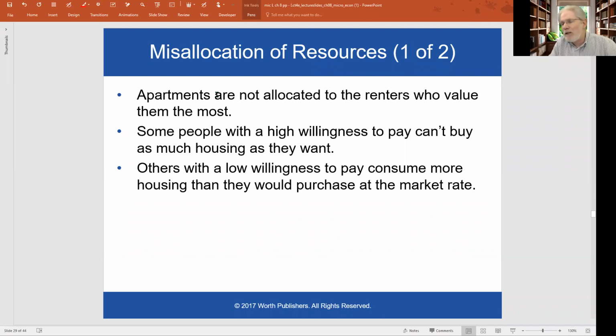Now, what I want you to see here is that was very inefficient. He lived in this big apartment, 2 big bedrooms. He didn't need all that space. But the cost to him of having that big apartment was very low. Now, if there had not been any rent control, the rent on that unit would have been very, very high.